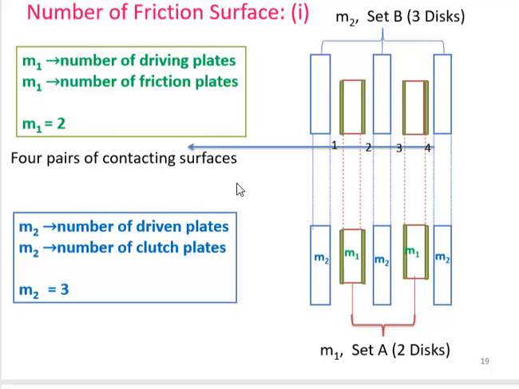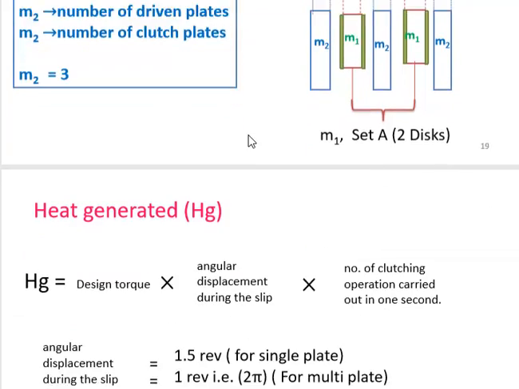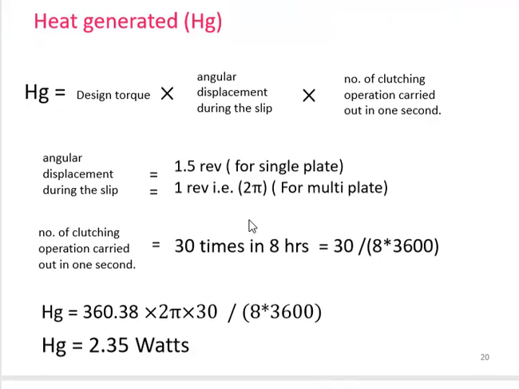Now once we have found out M1 and M2, we'll try to find out during the power transmission how much heat is generated. Now the formula for heat generated is not given in the design data book, but it goes like this: design torque multiplied by angular displacement during the slip and the number of clutching operations carried out in 1 second.